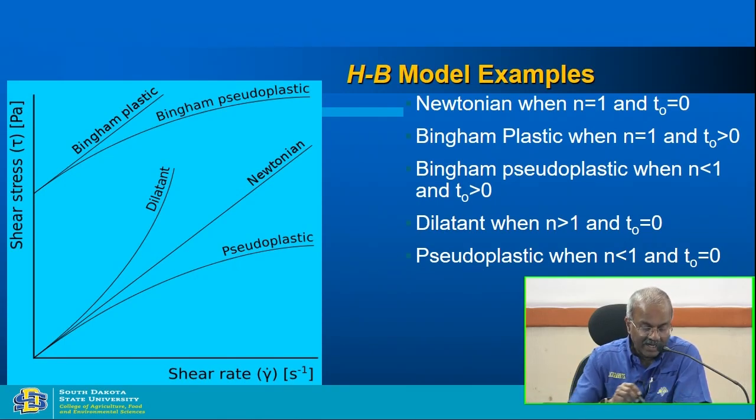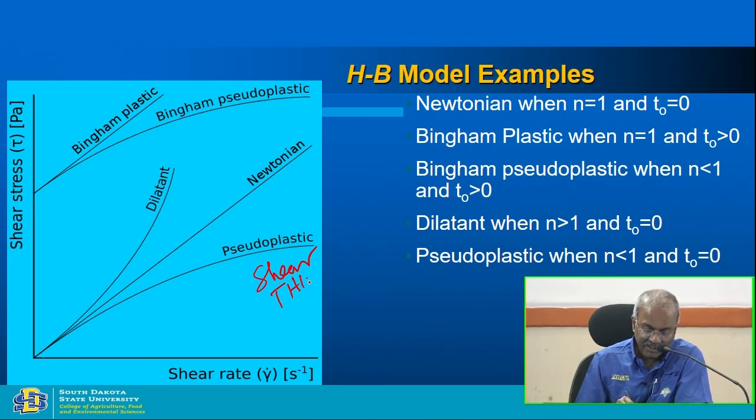Okay, so I regraphed this here: shear stress over shear rate, shear stress in Pascal, shear rate in 1 over second. Newtonian fluid is here, shear thinning is here, this is shear thinning, this is shear thickening.